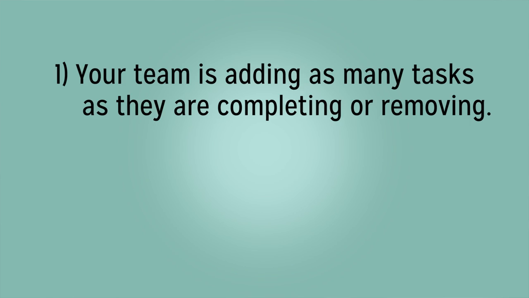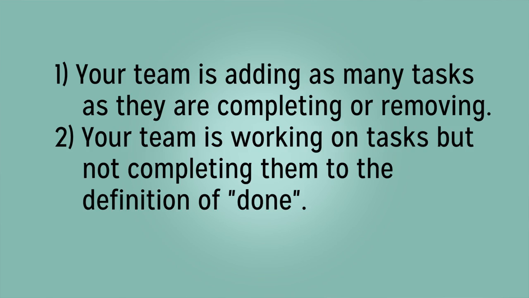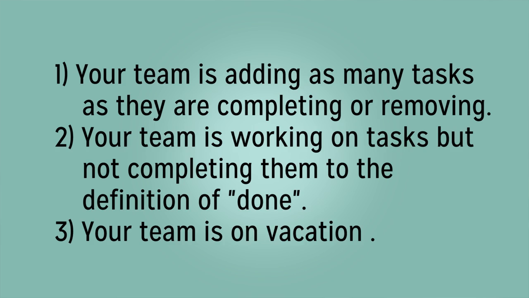Like the quiz suggested, a burn across could indicate three things. 1. Your team is adding as many tasks as they are completing or removing. 2. Your team is working on tasks but not completing them to the definition of done. Or 3. Your team is on vacation. It is most likely the second case.